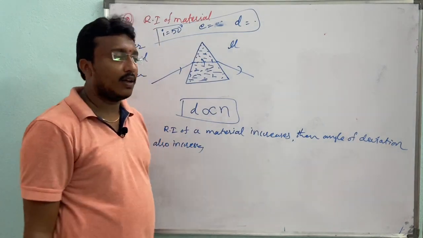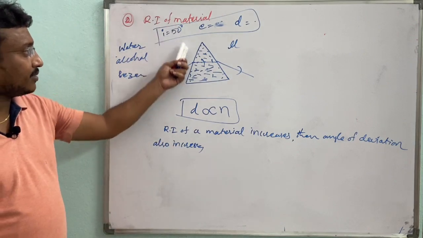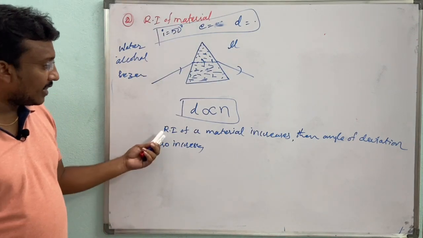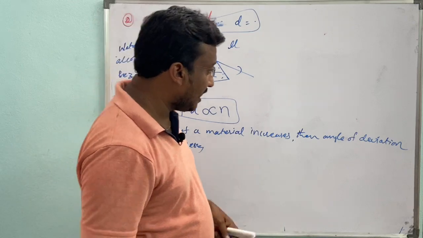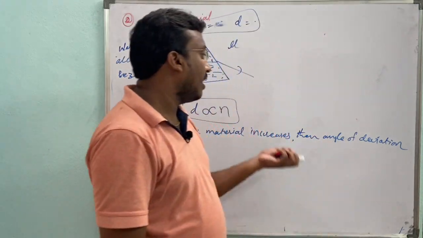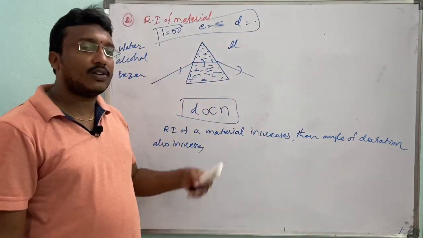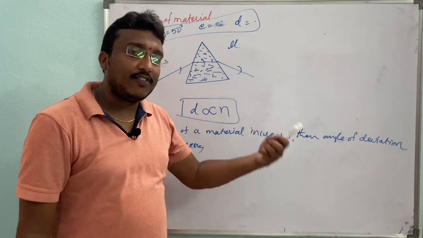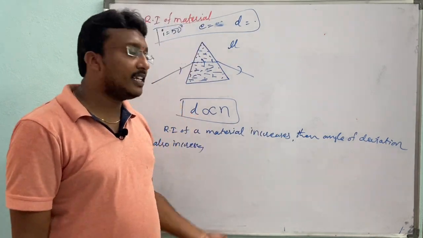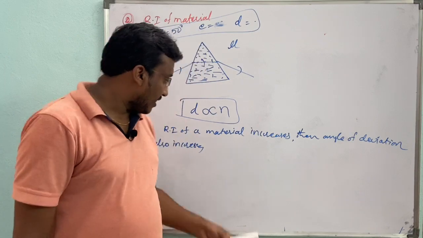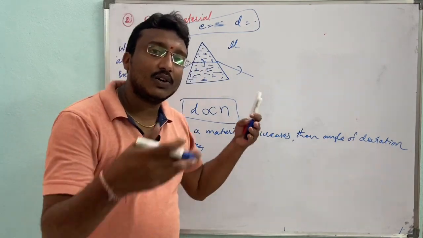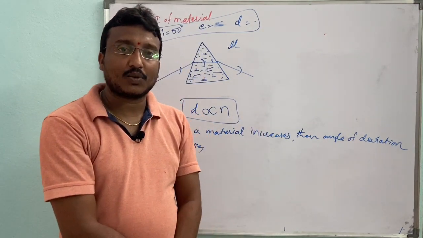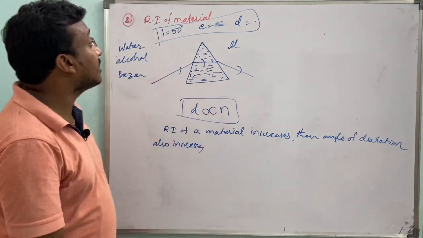Got it? From this observation we have to know it. If the refractive index of a material increases, the angle of deviation also increases. If the refractive index of a material decreases, the angle of deviation also decreases. This is the second factor.